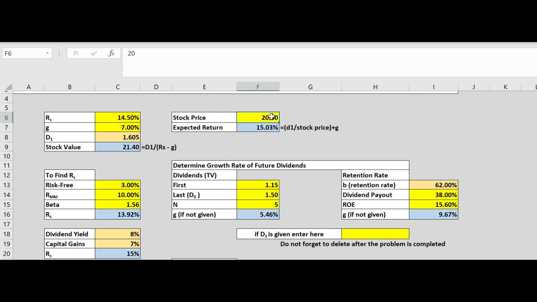If you actually bought it for $20, we estimate that you would get an expected return of about 15.03%, and your required return was 14.5%. So both ways of looking at investments, yes or no, give the same answer. It's just one's in terms of dollars, one's in terms of percentage.